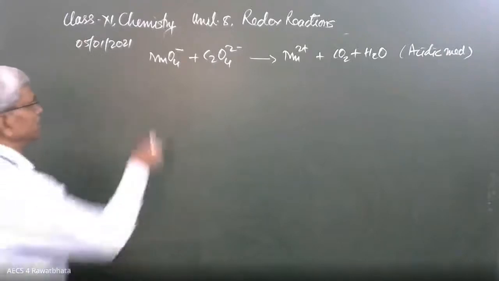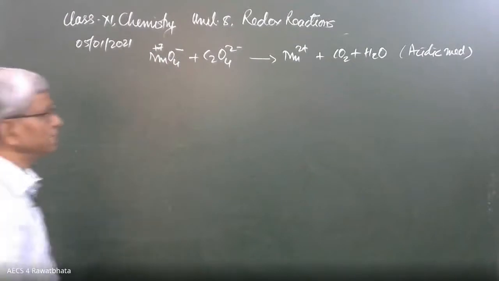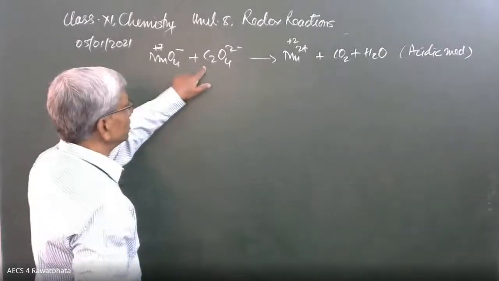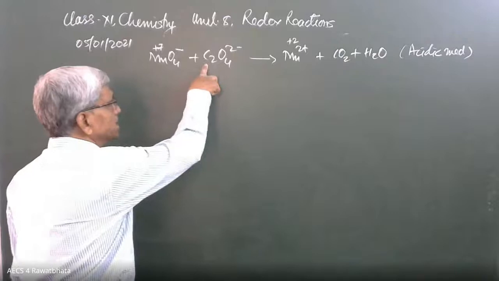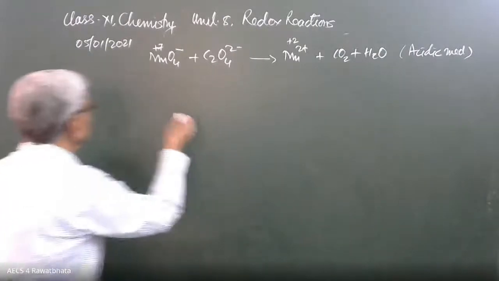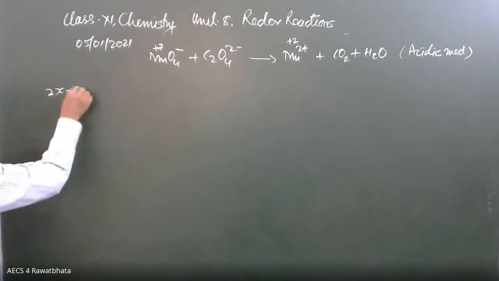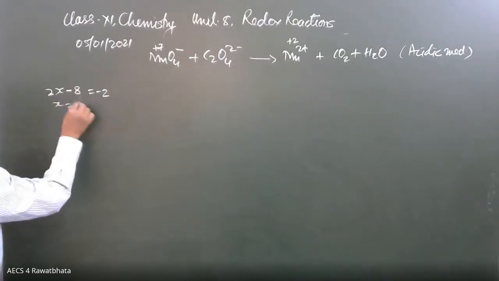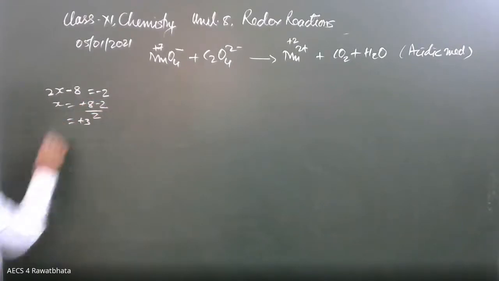What to do? Oxidation state, this Mn we have used just in the previous example, plus 7 is going to change into plus 2. And here C2O4, carbon oxidation state is x. 2x minus 8 oxygen is equal to minus 2. Then x equals plus 8 minus 2 divided by 2, which is equal to plus 3.